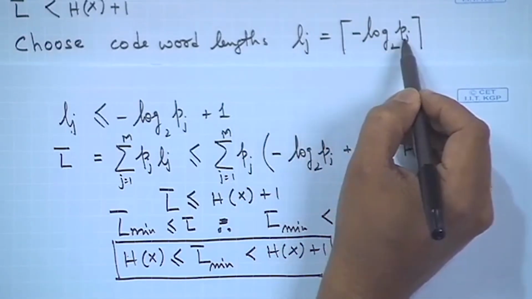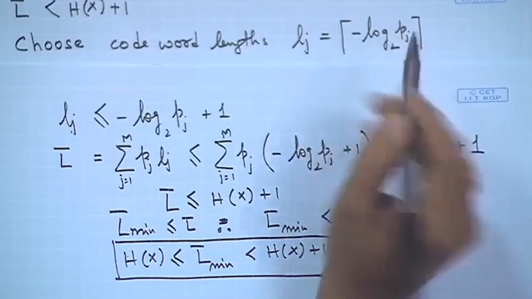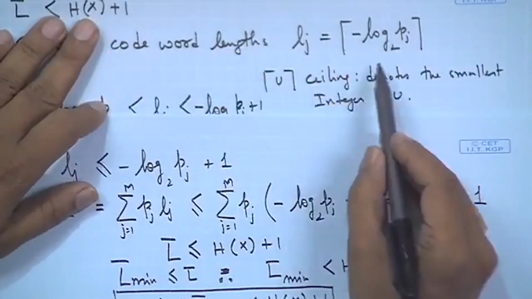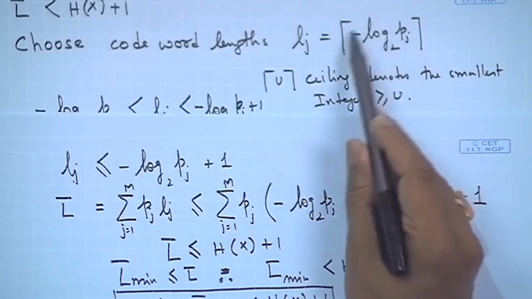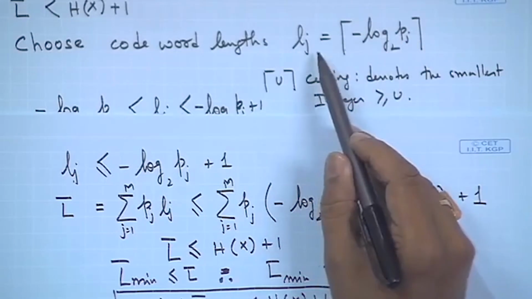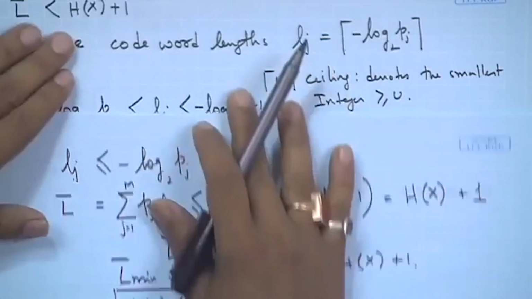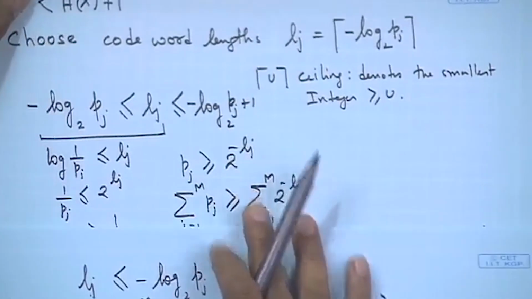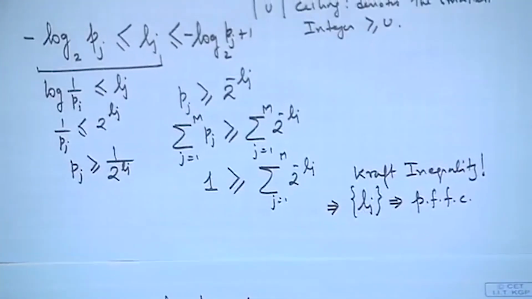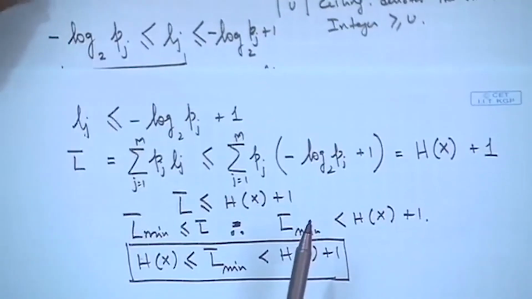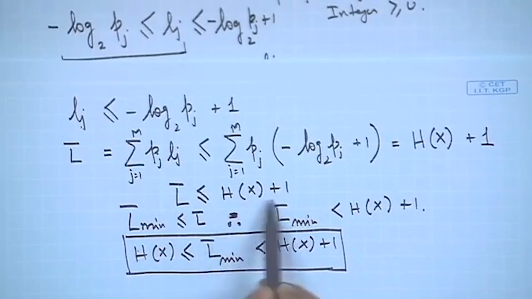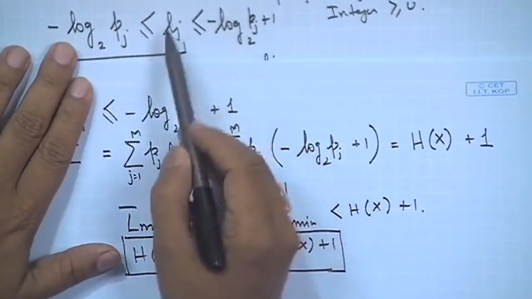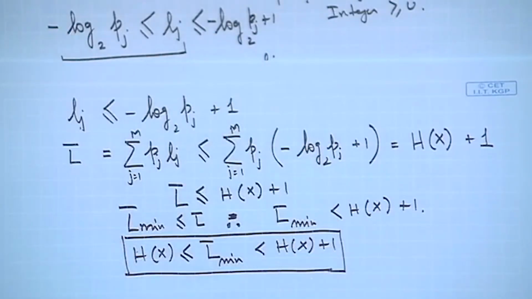Now, when it is not an integer power of 2, you can take the ceiling function to take the nearest integer which is greater than this particular number. So, even by taking this solution, we find that these lengths satisfy the Kraft inequality, as we have seen over here, and not only that, those lengths produce an L bar which is at most 1 bit close to Hx, and that is because of this right hand side.